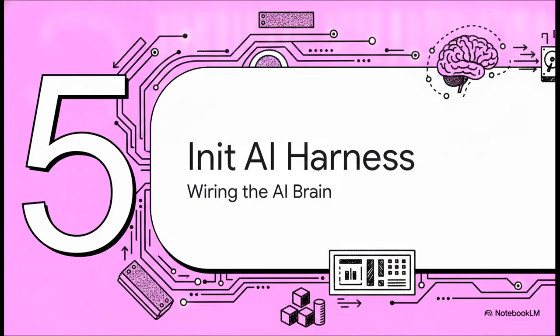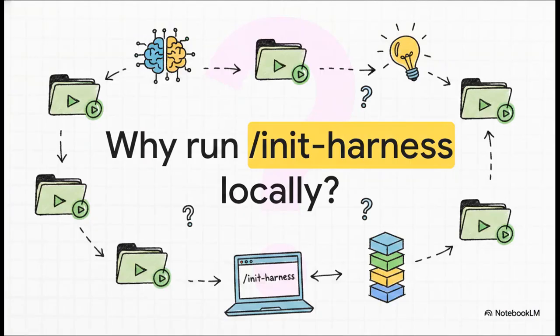Section 5, Initializing the AI Harness. Okay, the code is physically on your machine, so now we have to wire up the AI's brain and project memory for each specific repository. Now you might be wondering, why do we actually need to manually run the /init harness command inside every single one of those project folders? Like, why doesn't it just know what to do automatically?